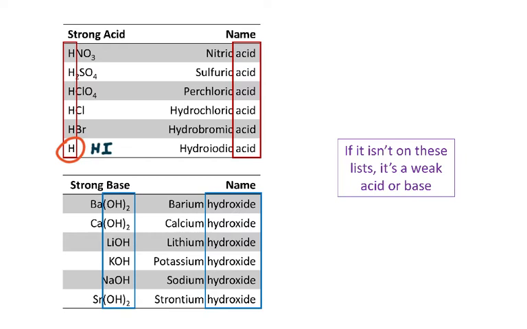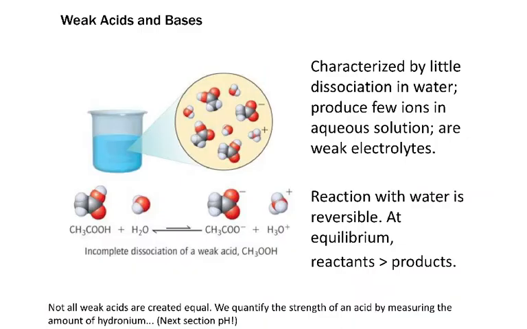And so we have nitric acid, sulfuric acid, perchloric acid, and then some halogen acids. And all of the strong bases are hydroxide bases with various cations. So you don't have to memorize these. I'm just pointing out that it's actually a very short list of strong acids and bases, and everything else is weak, such as this, acetic acid.